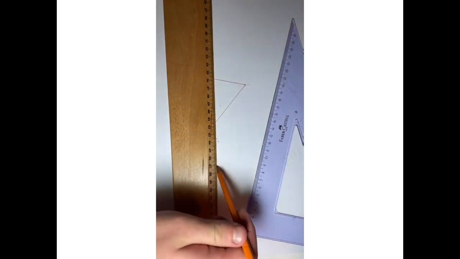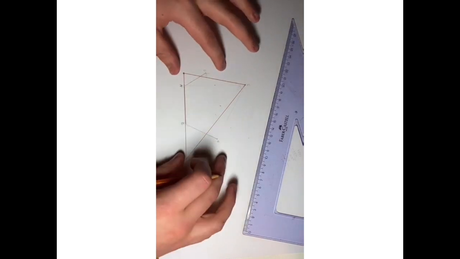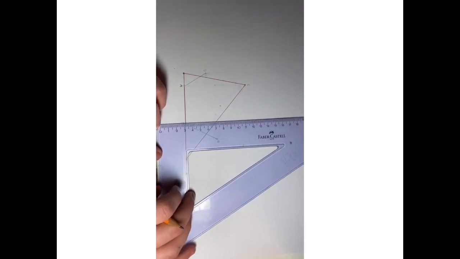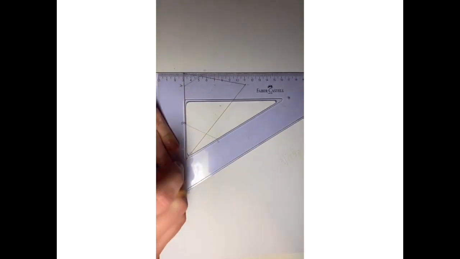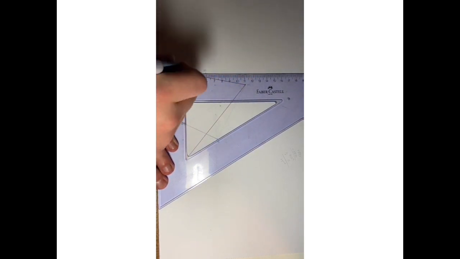So if we extend the line through the center point, that will be the top line of our rectangle. The next step is to bring up the points of the triangle until it meets that line. I might just do it in pen.